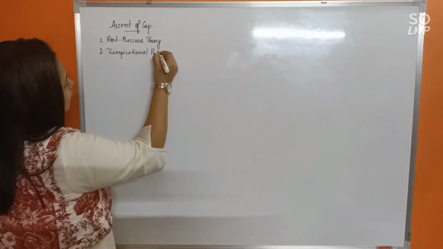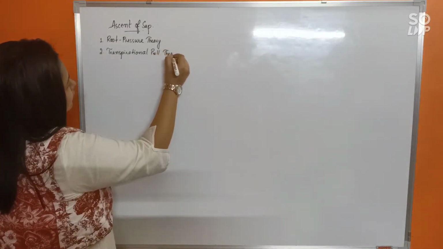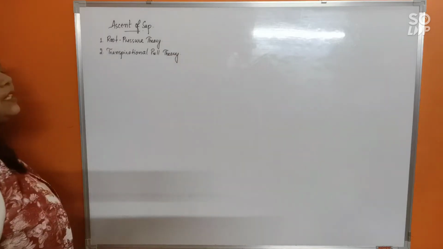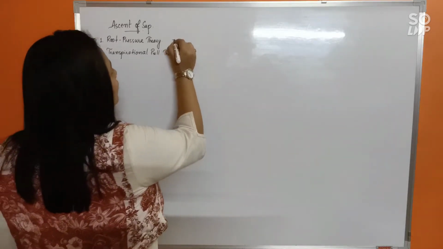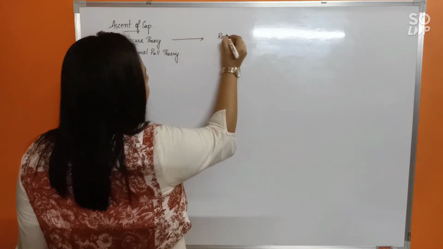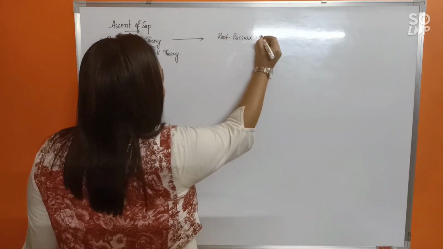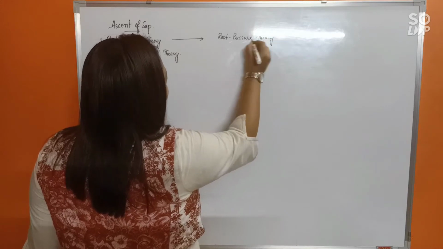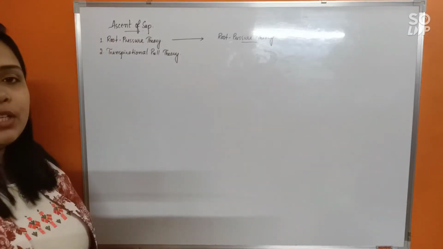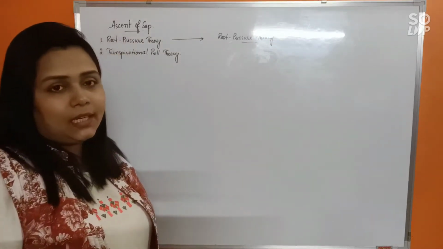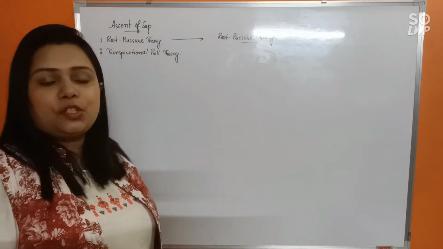Another is transpirational pull theory. Let us first discuss root pressure theory. Root pressure theory was proposed by Priestley and was coined by Burgestein.